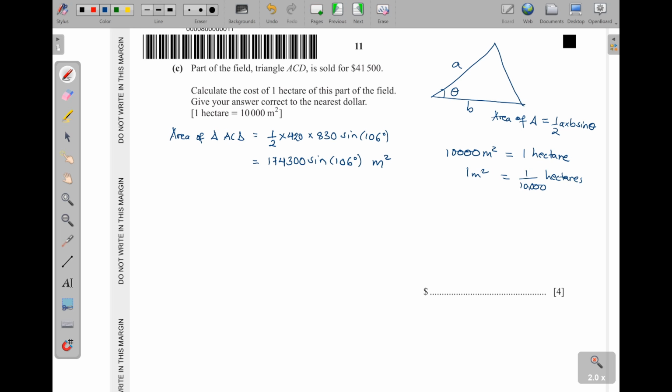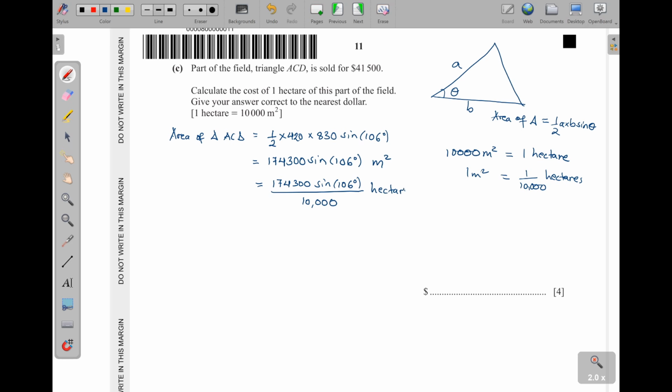So that therefore implies that we are going to divide this by 10,000. So this one will be 174,300 sine 106 degrees over 10,000.